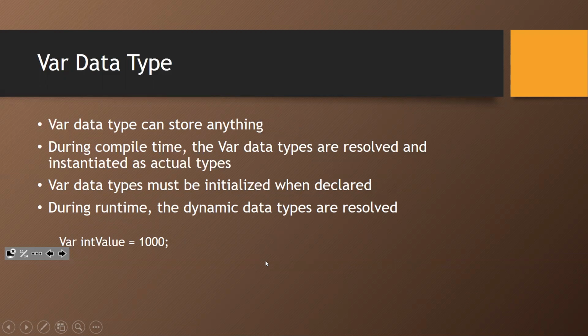So it just adds a little bit of overhead to our compilation. Because they're resolved at compile time, they have to be given an initial value when they're declared so that the compiler can decide what kind of data type they are. So we have to give them a value. We can't just have them allocated.